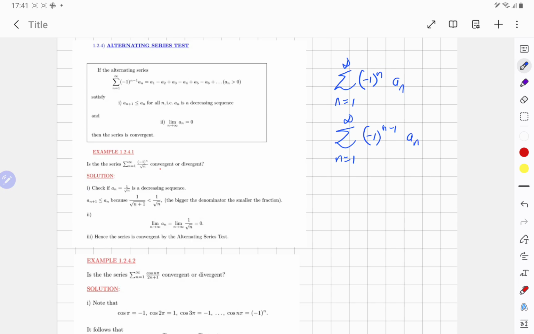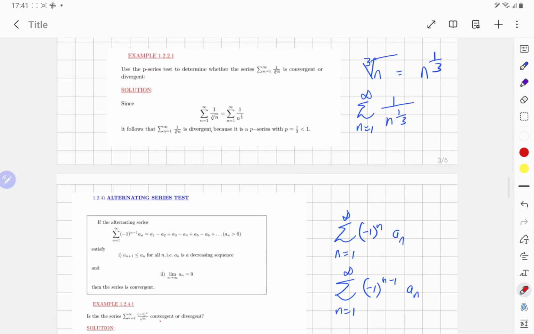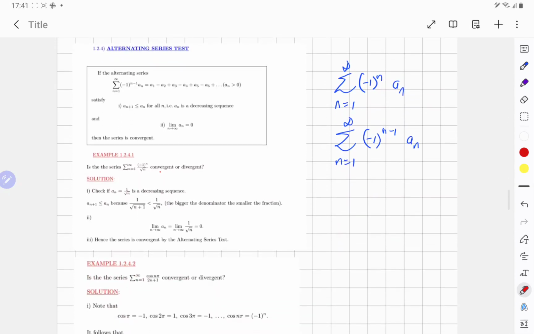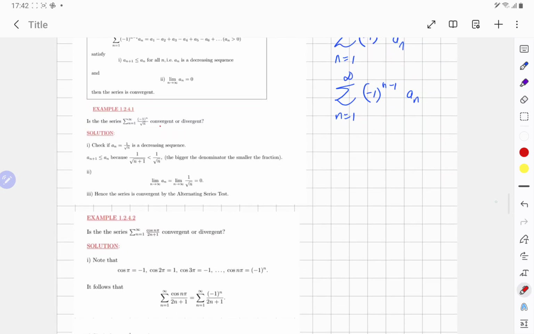It means that when I add the terms in the series, they will alternate, plus, minus, and hence the name alternating series test. Now, when I get something like that, I will do the alternating series test since it's in that form, but there are two conditions.